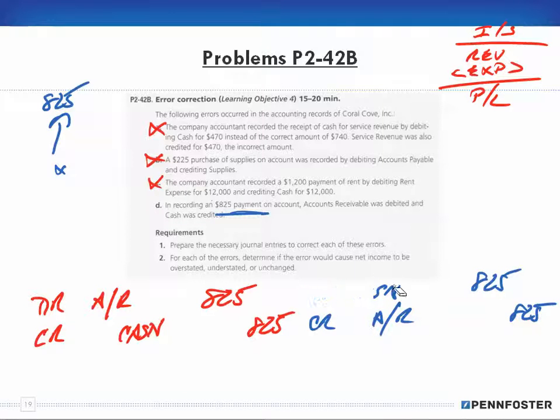It takes some thinking. It's saying that in recording an $825 payment on account. Boy, this one's a tough one, even for me. As you can see, I'm struggling with this. In recording an $825 payment on account.